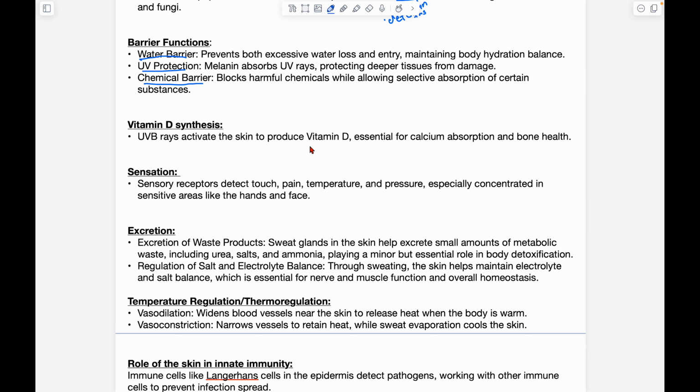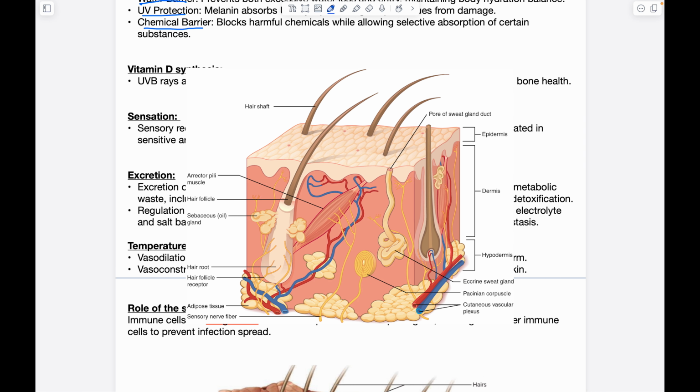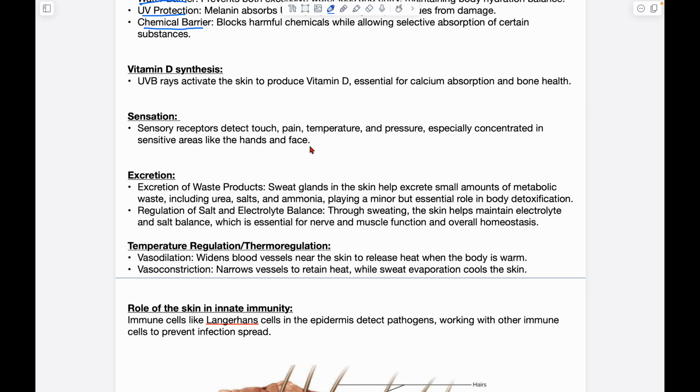Okay, next is just sensation. This is pretty self-explanatory. So basically the skin or integumentary system is packed with a bunch of these nerve endings which detect sensations, touch, pressure, temperature, pain, and these receptors are very concentrated in the dermis layer.